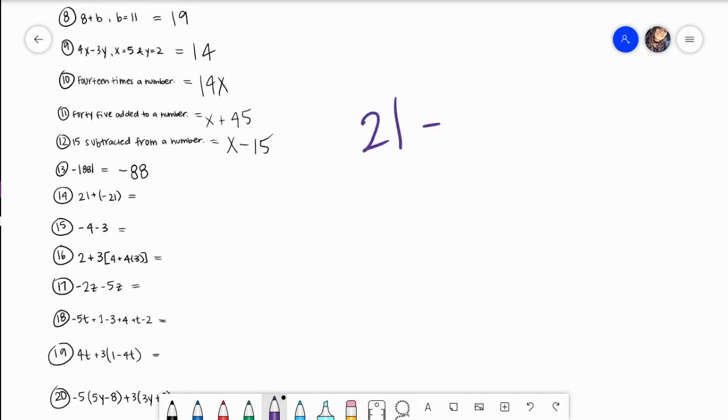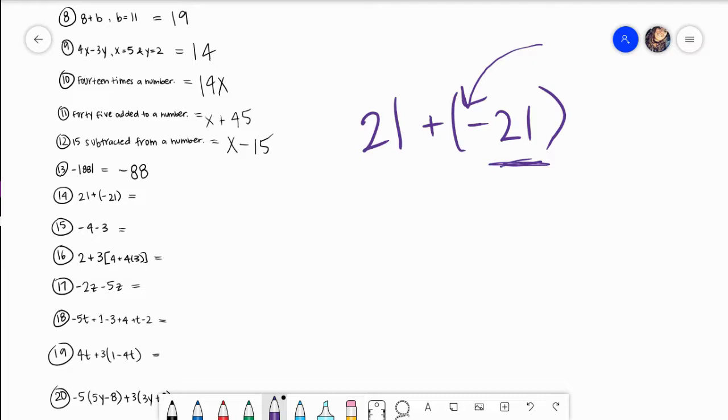Problem 14 says 21 plus a negative 21. Y'all, additive inverse. If I have 21, what can I add to it to make it 0? What would cancel it, right? Wasn't it the same exact number with a different sign? It was.